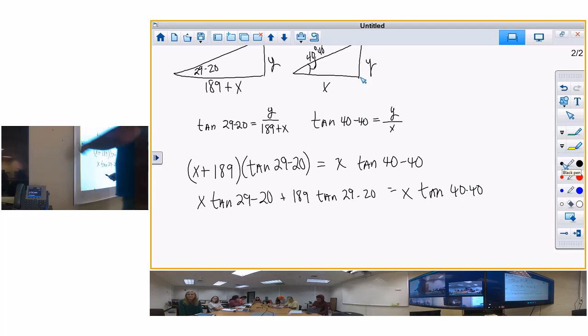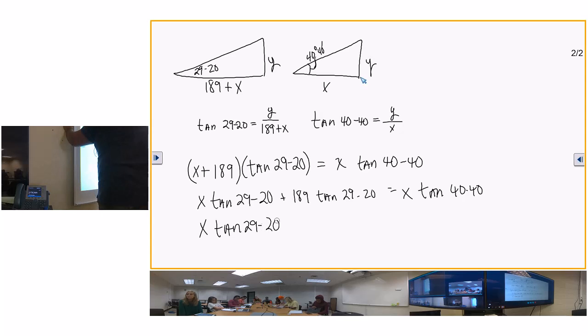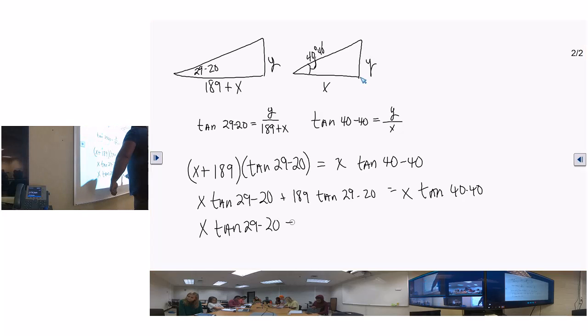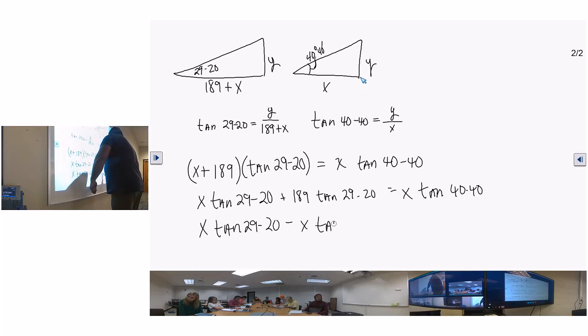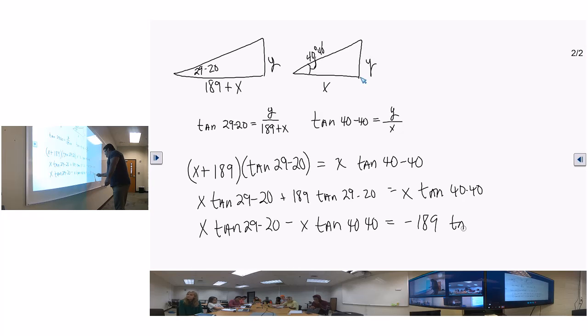All right, x tan 2920 minus x tan 4040 is equal to negative 189 tan 2920.